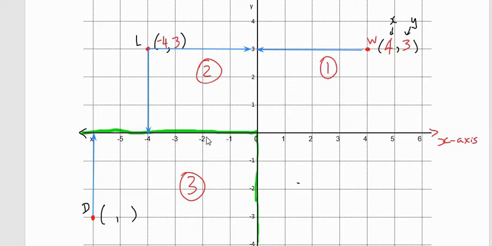Right, so -1, -2, -3, -4, -5, and so this distance must be the same. So this should be -6. Very good. Well explained. And so this will be -6 for the X location.